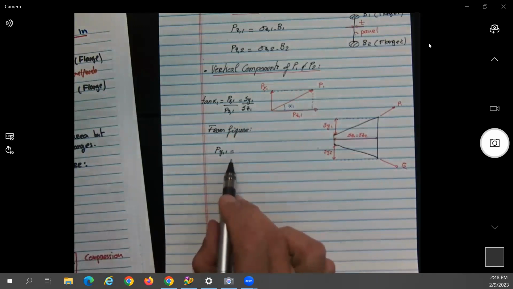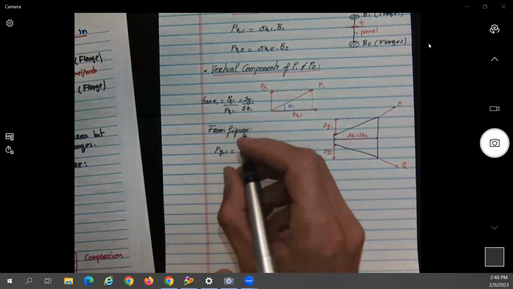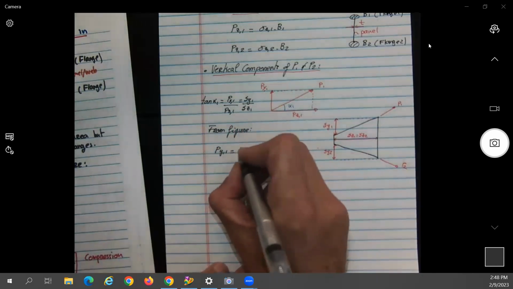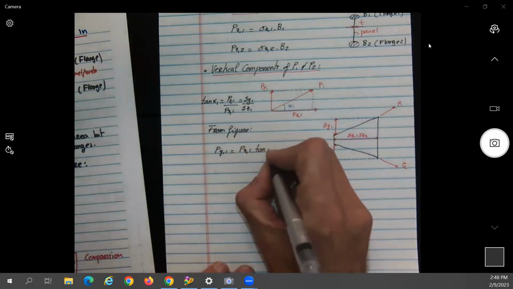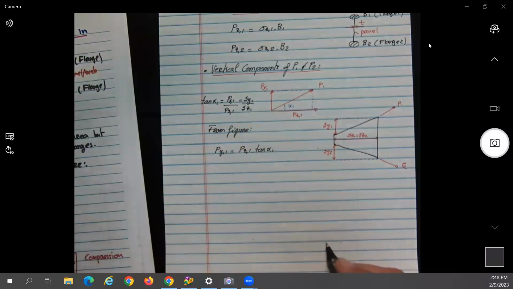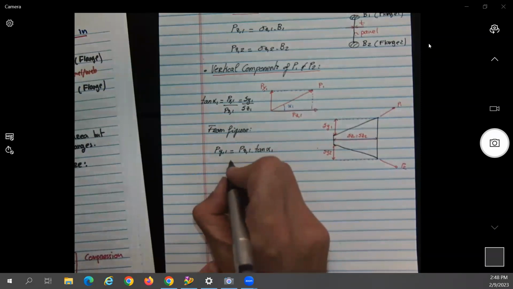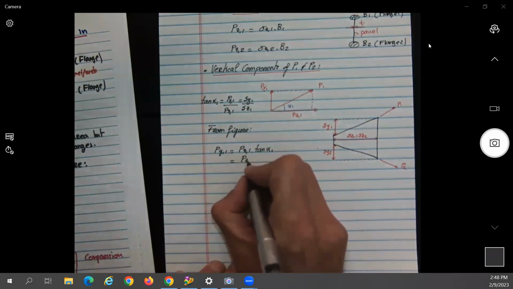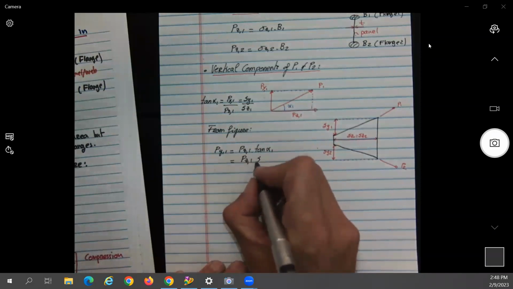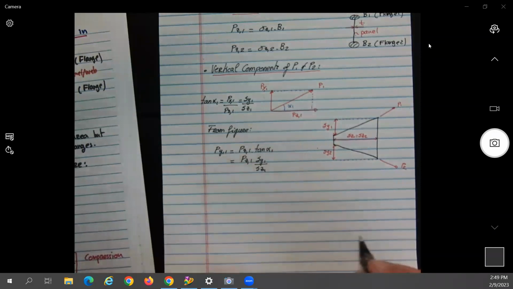PY sub 1 is what? From this equation, PY sub 1 will be equal to PZ1 times tangent alpha 1, or this could also be equal to what? PC1 delta y sub 1 over delta z sub 1.